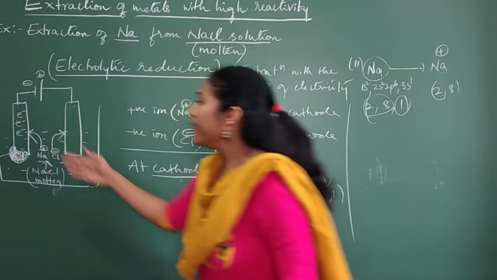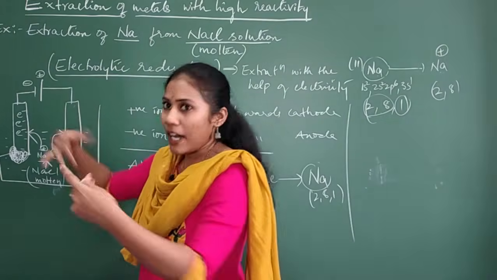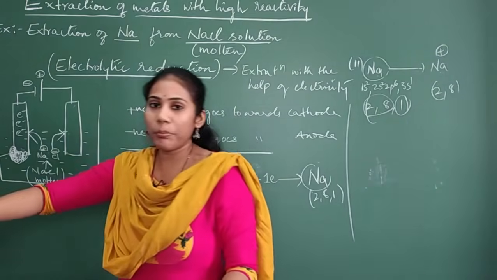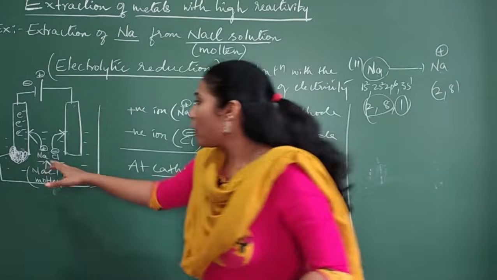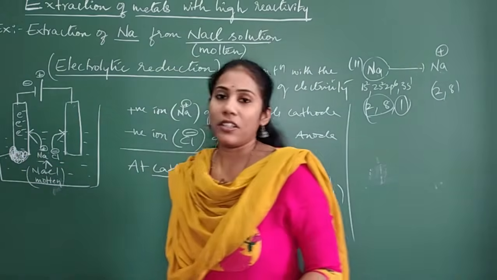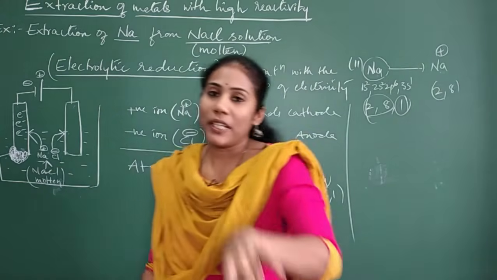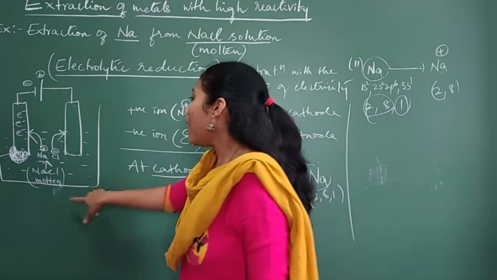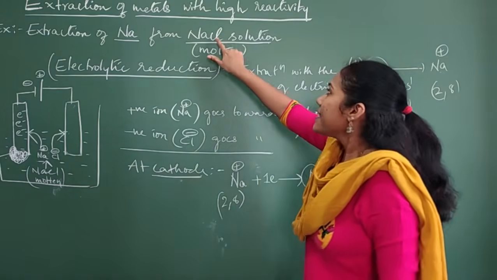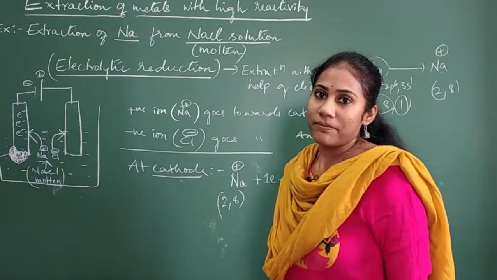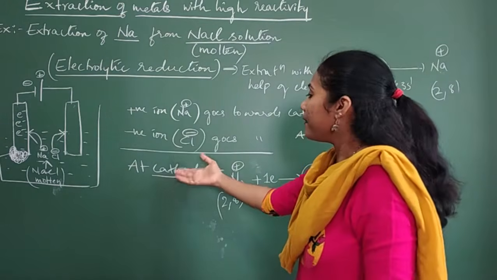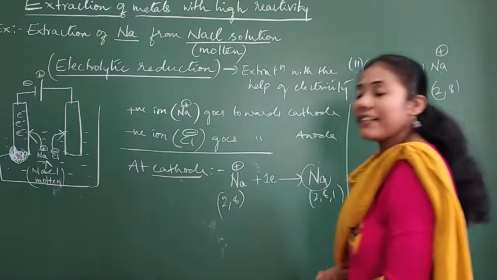If you want Na, switch it off, take out the connection, bring out the rod and collect all the material that is deposited on the rod, and that will be your pure Na. Okay, and this is how you have actually separated Na from NaCl. This is the reaction that can happen at cathode.